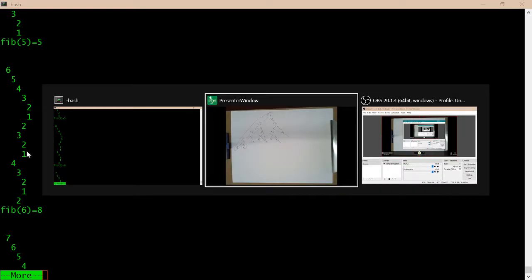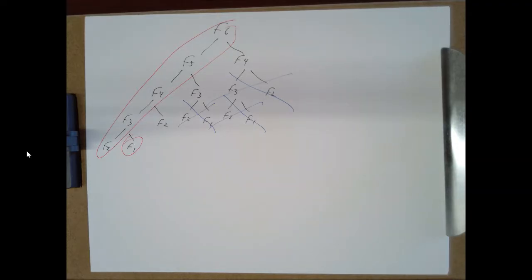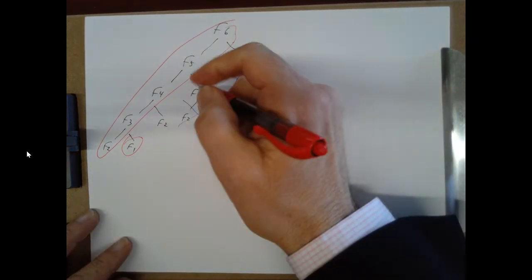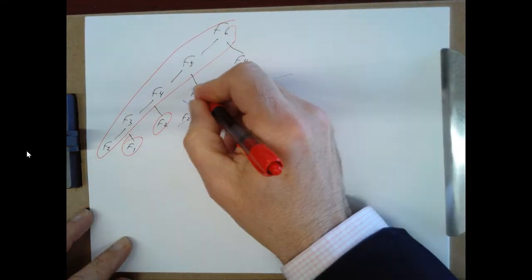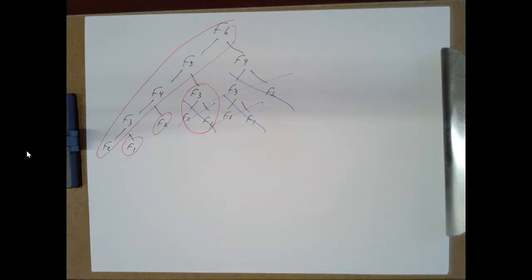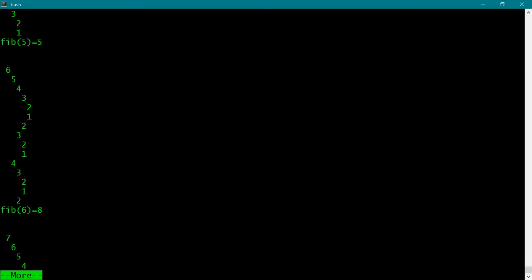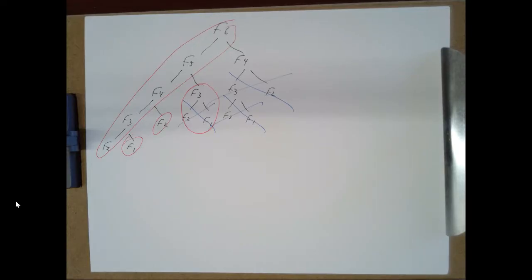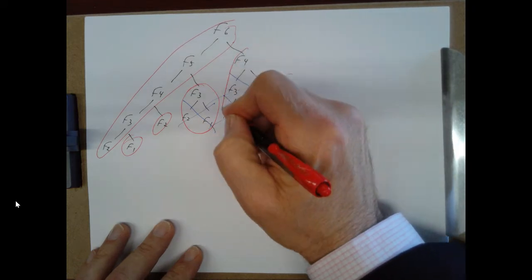And to do that, it had to calculate 2 and 1. And that was, well, it did an F2. Then it had to do 3 and 2 and 1, and that was that branch. And then it had to go back and find F4. And to do that, it had to find 3 and 2 and 1, and then it had to find 2. So that's that 4, 3, 2, 1, and then F2.